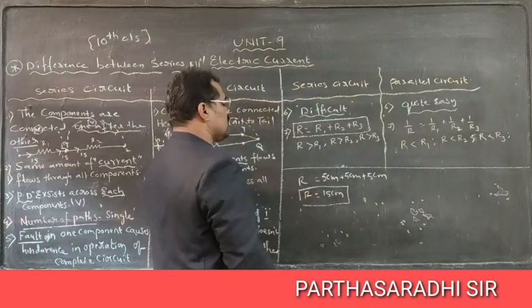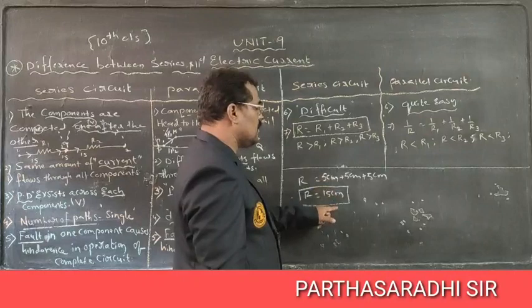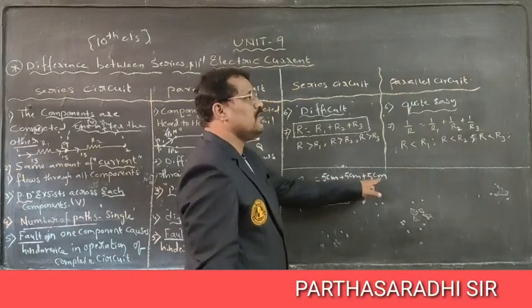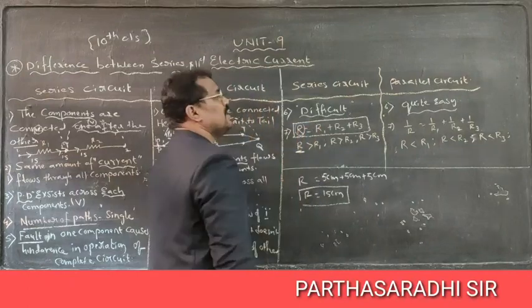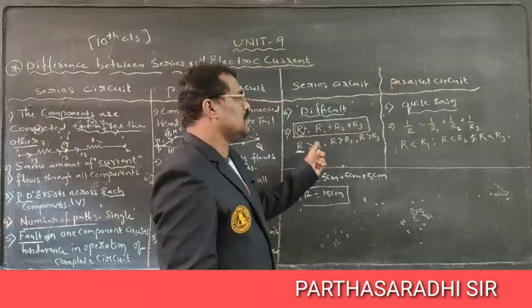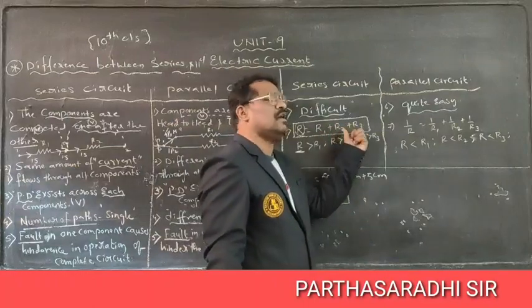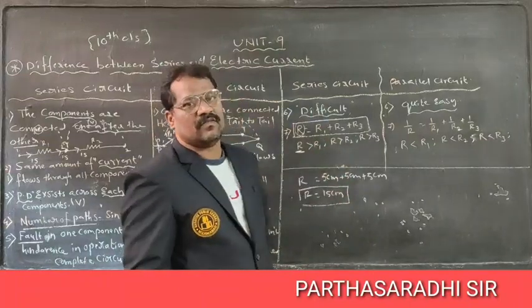If we compare, 15 centimeters is greater than any individual resistance wire. Therefore, the equivalent resistance will be greater than the individual resistances of R1, R2 and R3. That is regarding the seventh one.